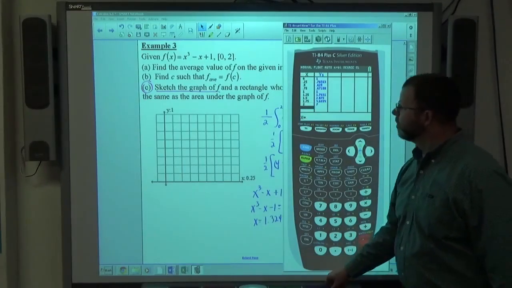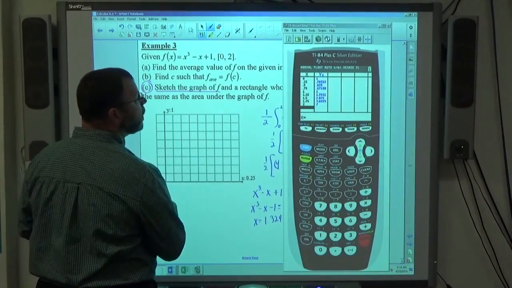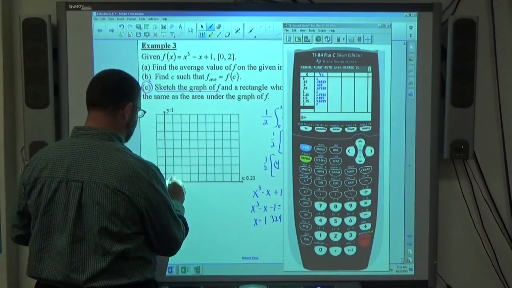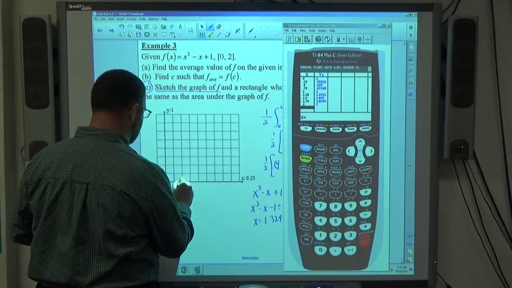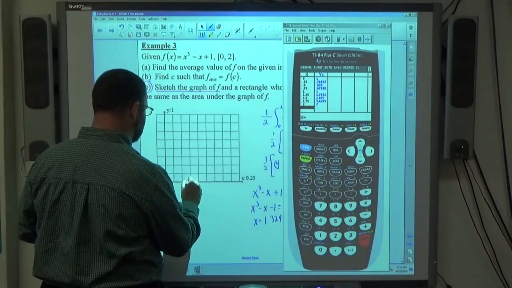my values out. So we got 0, 1, 0.25, 0.77, 0.5, 0.625, a little bit lower, 0.75 goes a little bit higher, but almost the same.